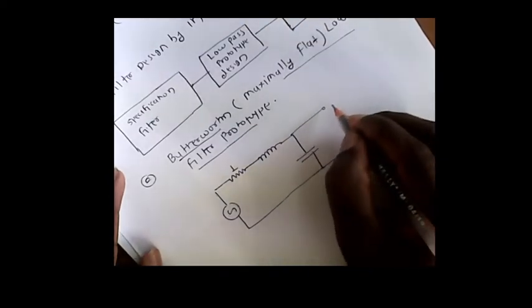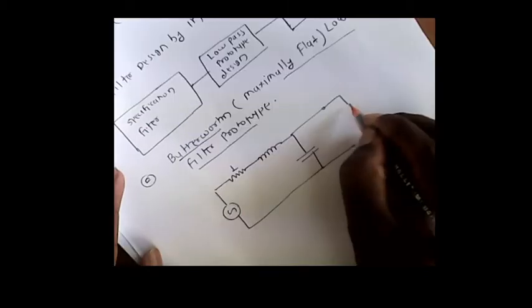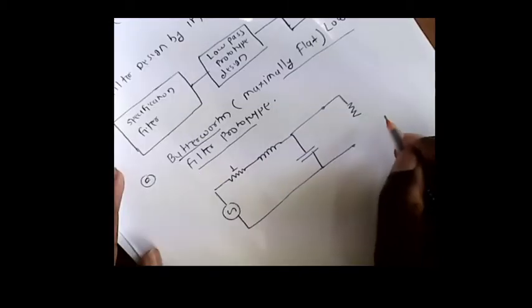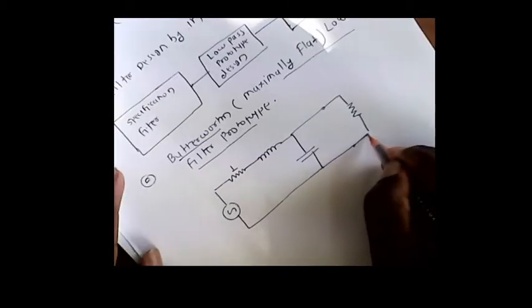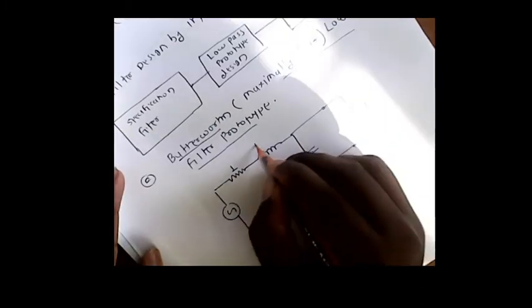Then there is a load resistance R, the characteristic impedance, to be found. So L and C form the two element low pass filter prototype.